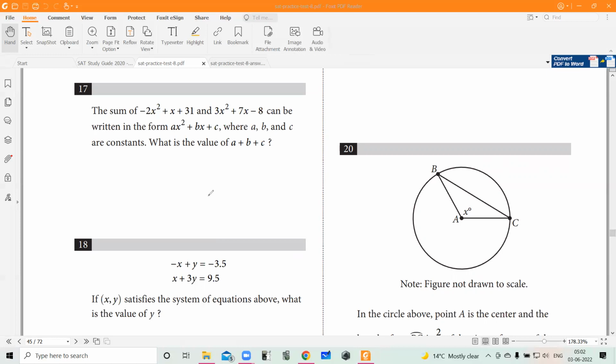So x squared plus 8x, and 31 minus 8 is 23. So x squared plus 8x plus 23. So a is equal to 1, b is equal to 8. So 9 plus 23 is 32. That's the answer.